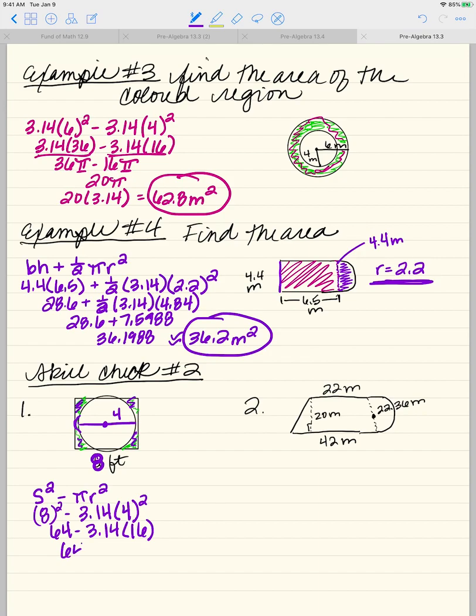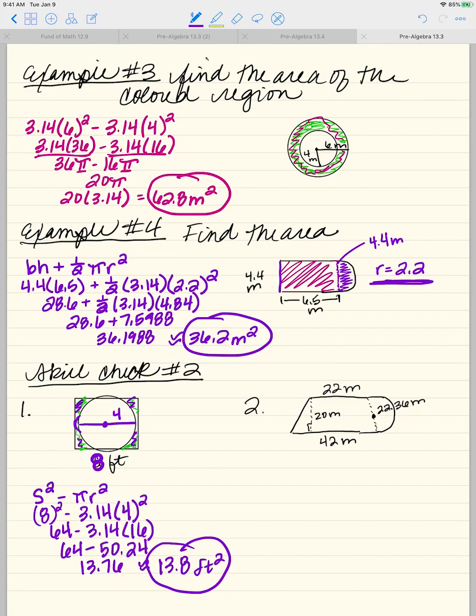So we have 64 minus 50.24, and that gives us 13.76, and we are rounding to the tenths, 13.8 feet squared. And there is the answer to that one.